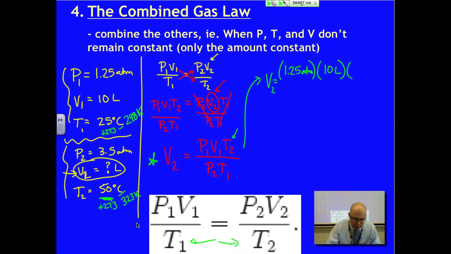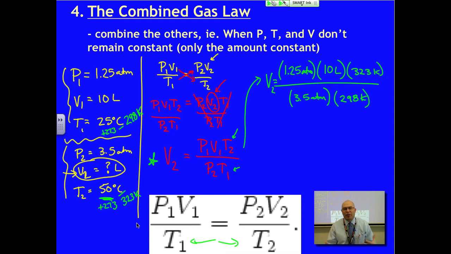So I'm looking at T2, so that's 323 K, over my second pressure, which is 3.5 atmospheres, and my first temperature, T1, is 298 K. I don't know how comfortable everyone is with calculators, but I like to multiply my top three numbers and write the number, 4037.5, and divide that by the other two multiplied together, 1043.